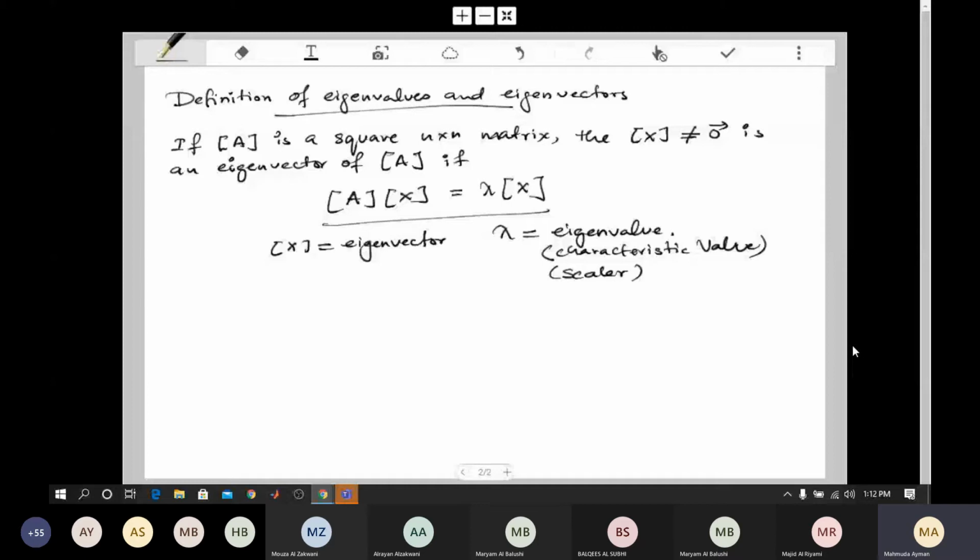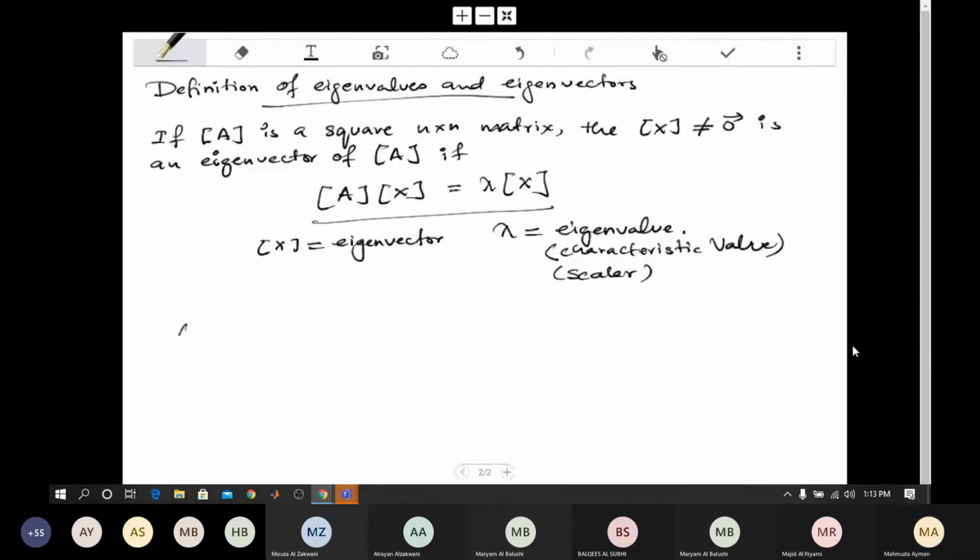Now the matrix A can have multiple eigenvalues, but not more than n, the number of rows or columns. So the matrix A is an n by n matrix, and the maximum number of eigenvalues that the matrix will have is n. And each eigenvalue will have its corresponding eigenvector. So maybe let me write that down. An n by n matrix has n eigenvalues.